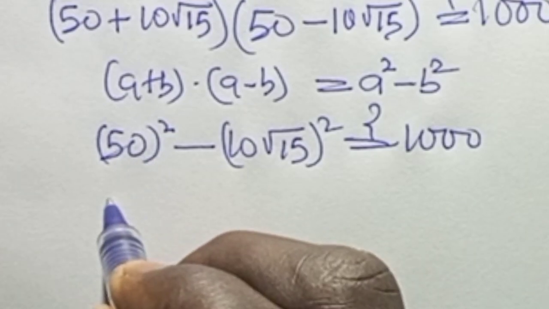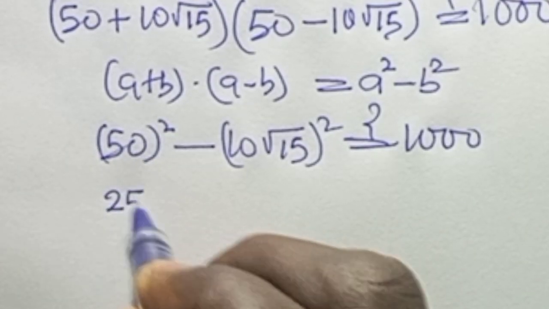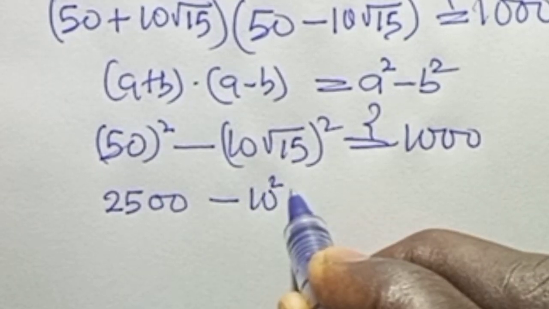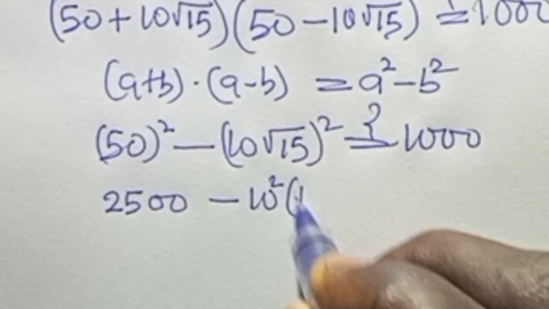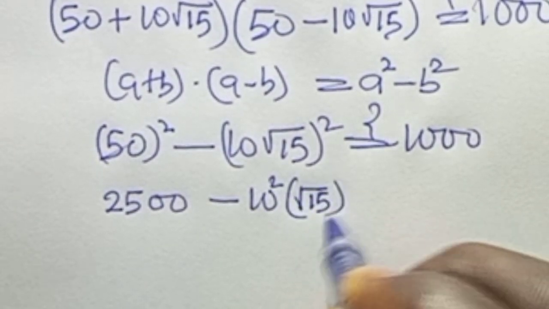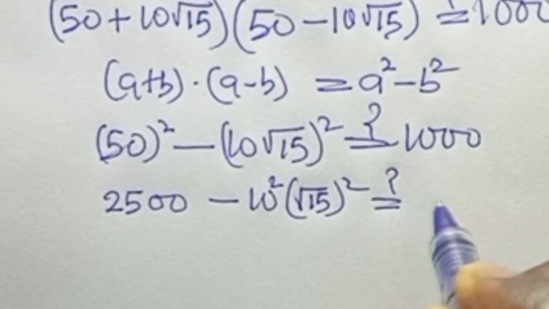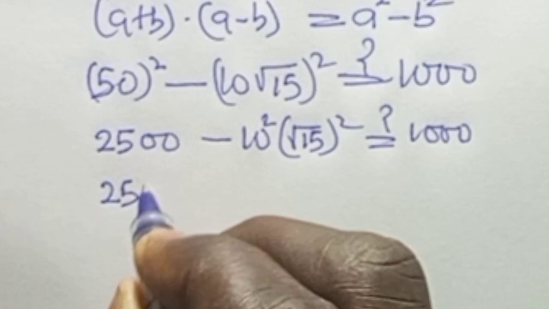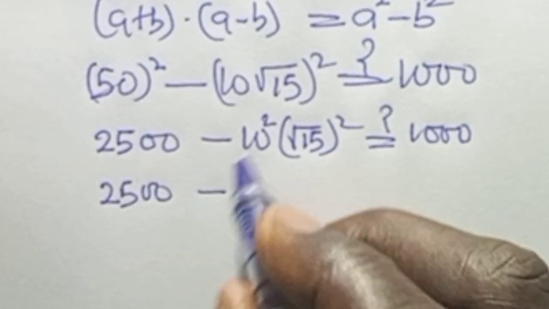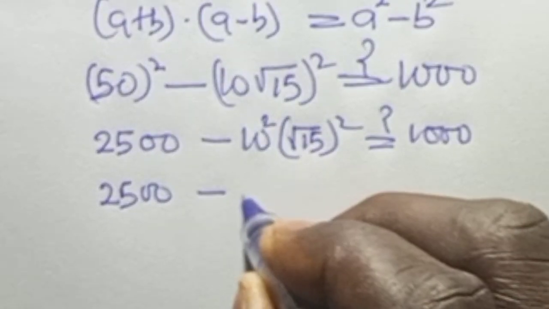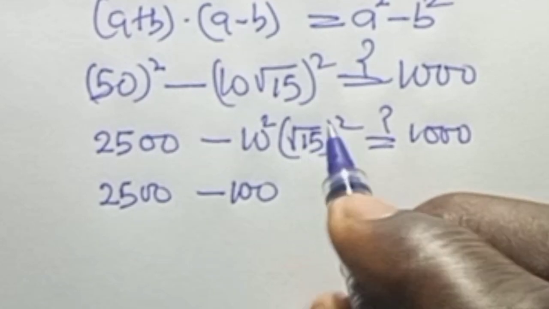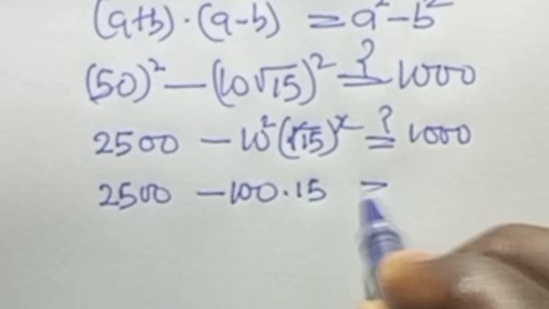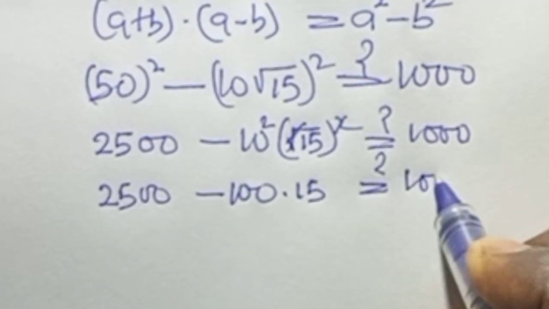50 squared is 2500 minus 10 squared, root 15 squared. Will it be equal to 1000? 10 squared is 100, and the square of square root 15 cancels the square root, leaving 15. Will it be equal to 1000?